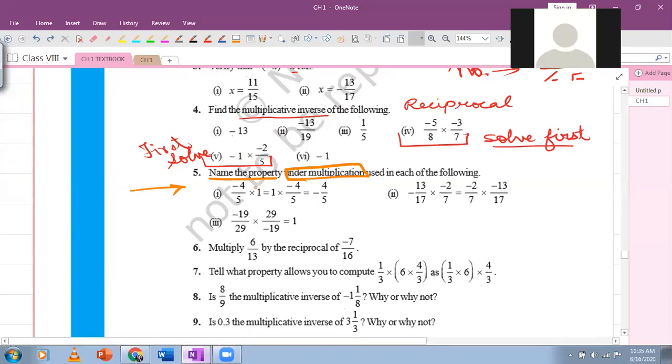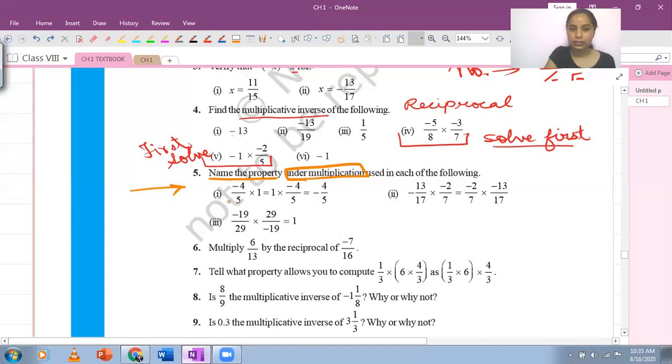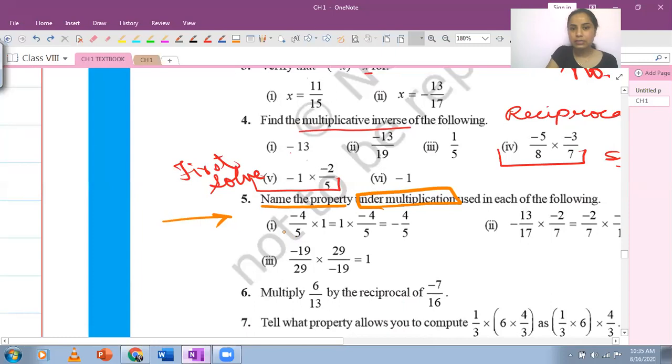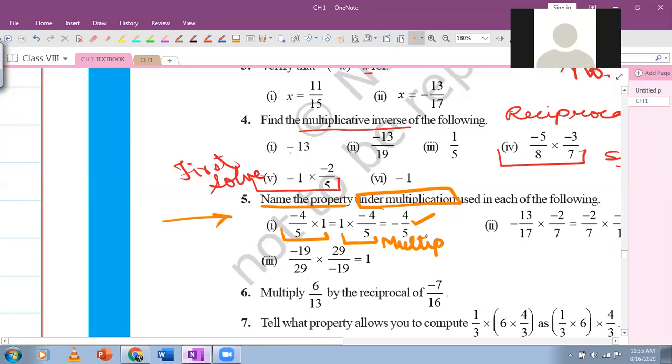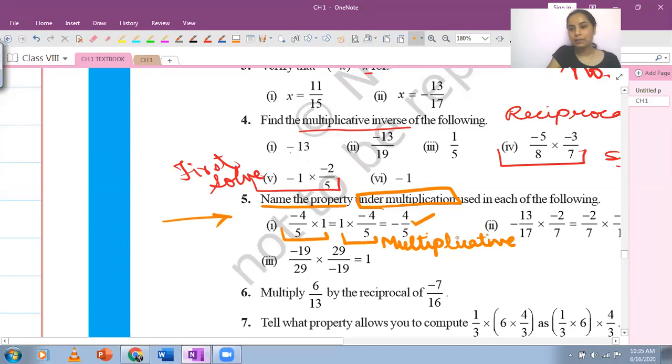Multiplicative identity. We are multiplying with 1. Look at the values. Minus 4 by 5. It's multiplied with 1, and then it is written in reverse. The order is changed. And the answer is minus 4 by 5, the number itself. Which property is this? Multiplicative identity. And we have to do this in book. Yes, you can do this in book. This is multiplicative identity.